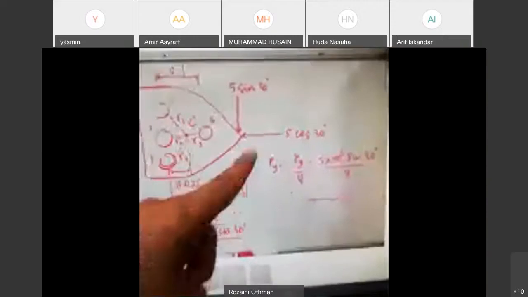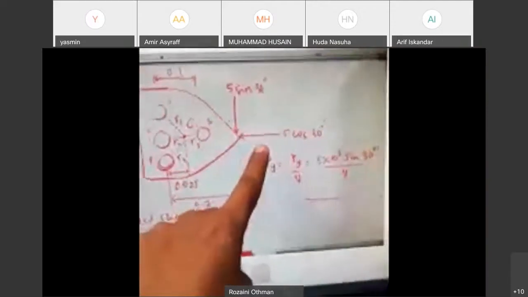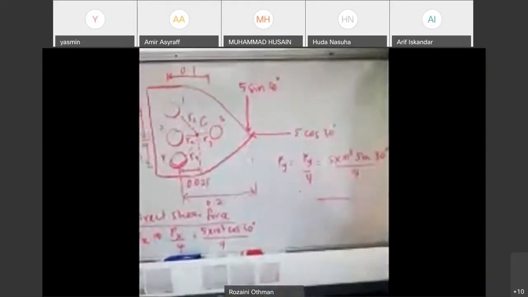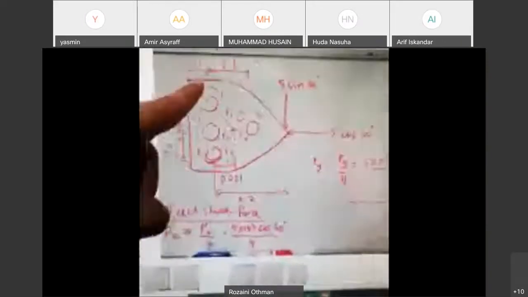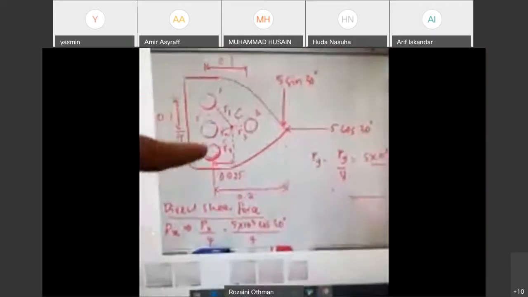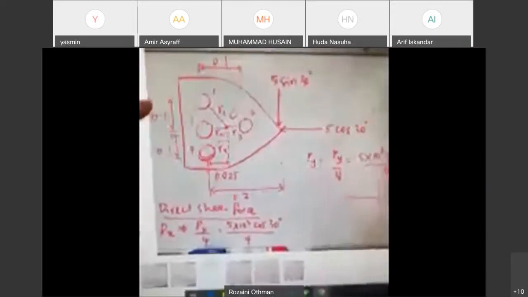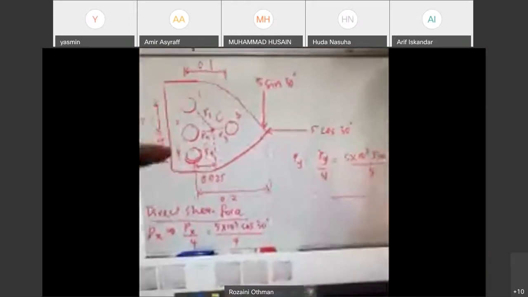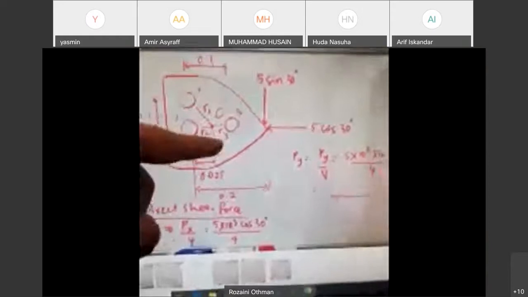For direct shear force we have one force in X and one force in Y, and each rivet, rivet 1, 2, 3, and 4, has these two types, one in X direction and another in Y direction.